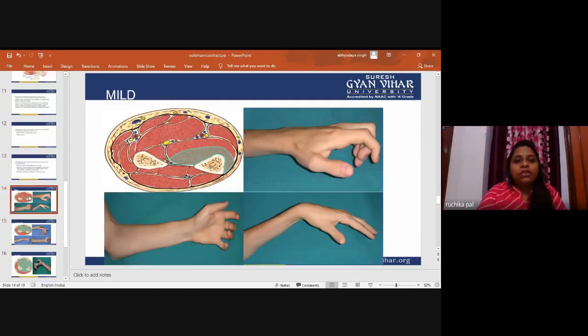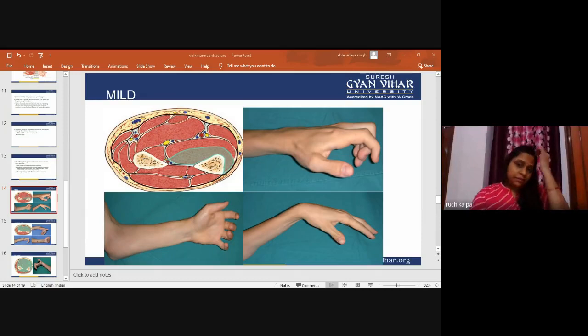Now, if I talk about Volkmann's ischemic contracture in detail, let us go through the other characteristics of the clinical presentation, which you can see in the diagram. The clinical presentation of Volkmann's contracture includes the 5 P's: pain, pallor, pulselessness, paresthesia, and paralysis.